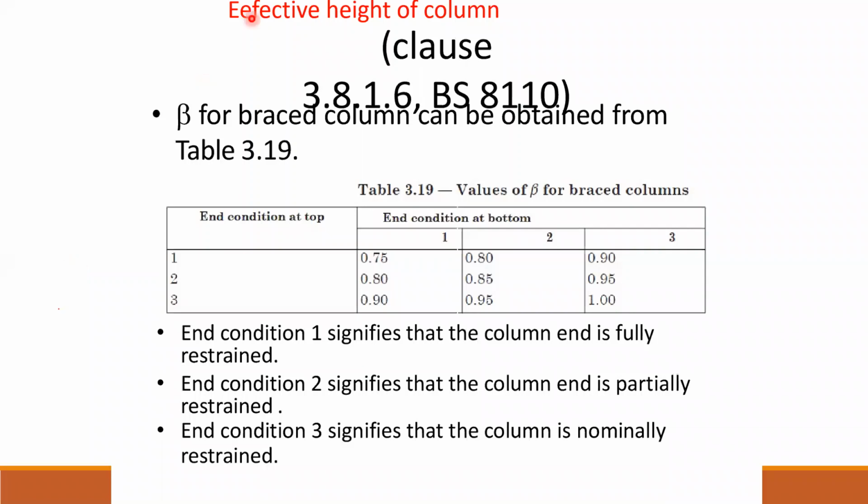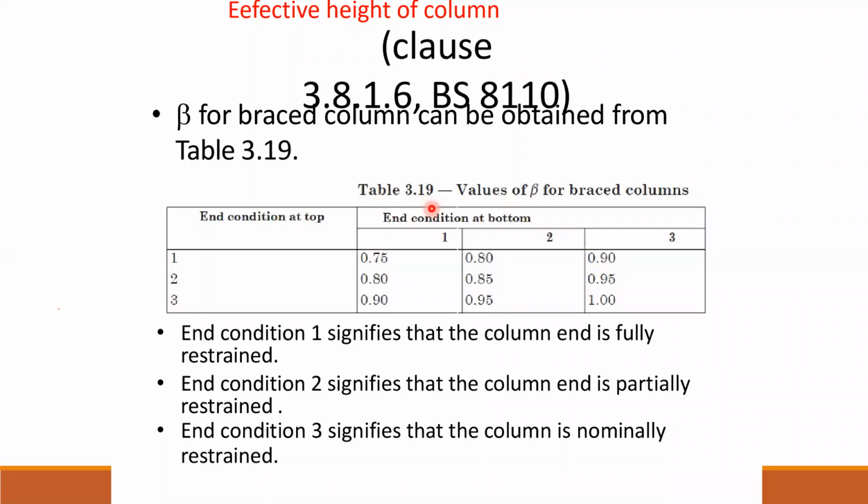This table, table 3.19, is for the braced columns. Right now we have studied what we mean by braced columns. The braced columns should be supported by walls or different kinds of arrangements to avoid lateral displacement and rotations in the selected plane.